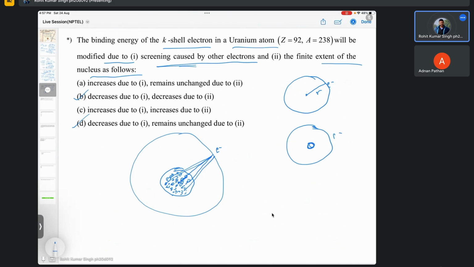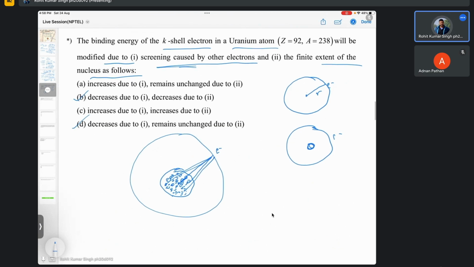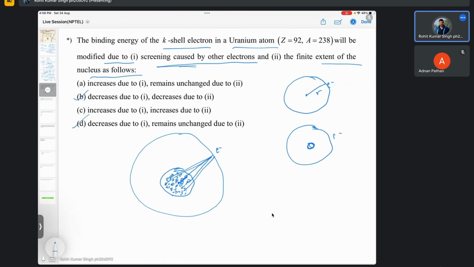That's what you're saying, right? Yes, sir. That's true. But the bigger nucleus will have more protons. Here we are talking about the same number of protons crunched into a point and then distributed over a sphere.